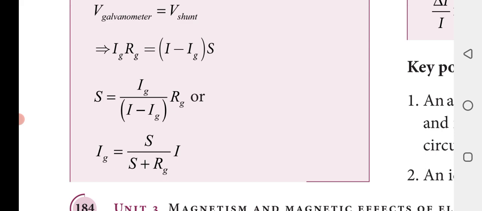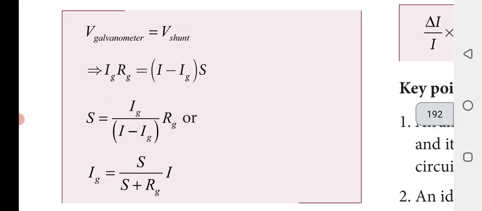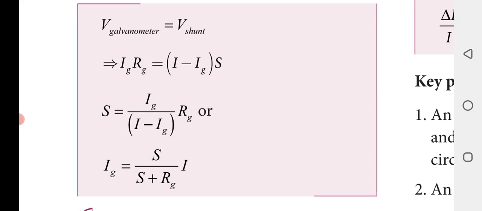So we can remove the equal symbol. That's why Ig is proportional to I, isn't it? That means when the galvanometer current Ig changes, the original current value changes also.